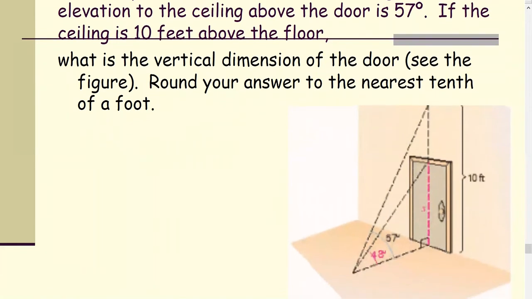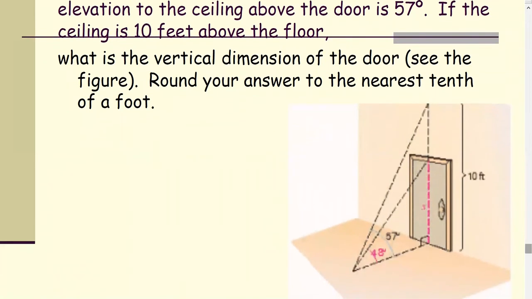By looking at the figure, we are going to find out the vertical dimension of the door, which is x. From the two triangles, if we break them out, we draw the smaller triangle and the bigger triangle.